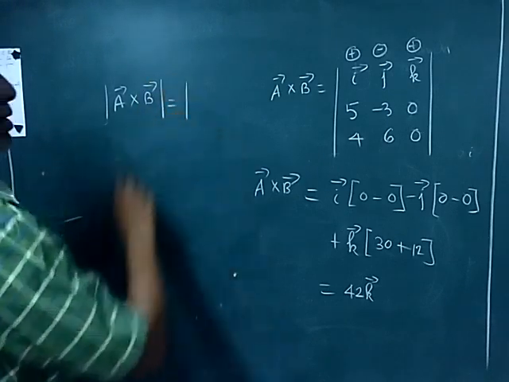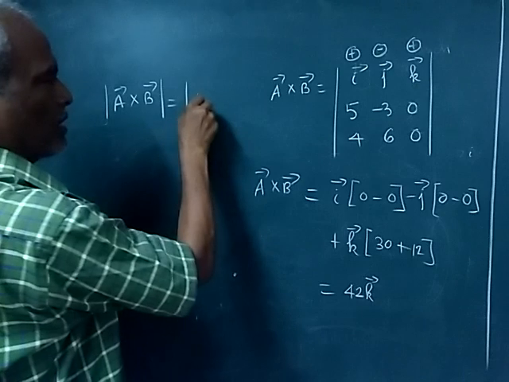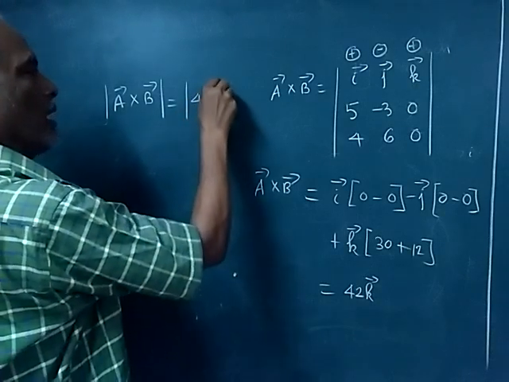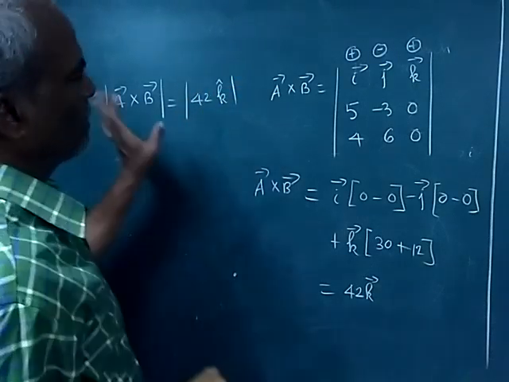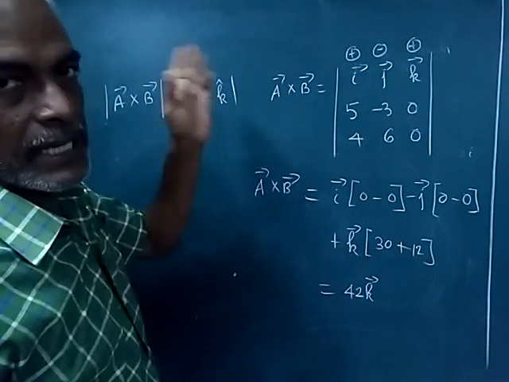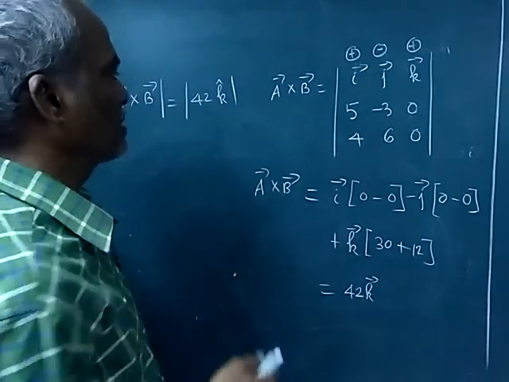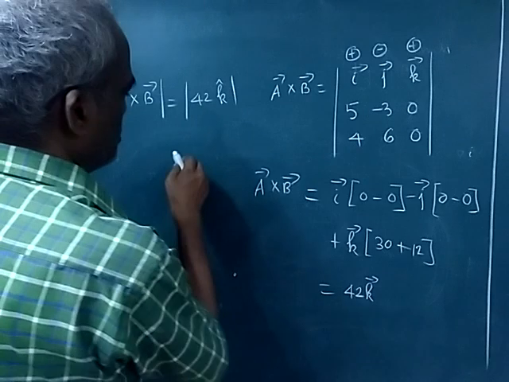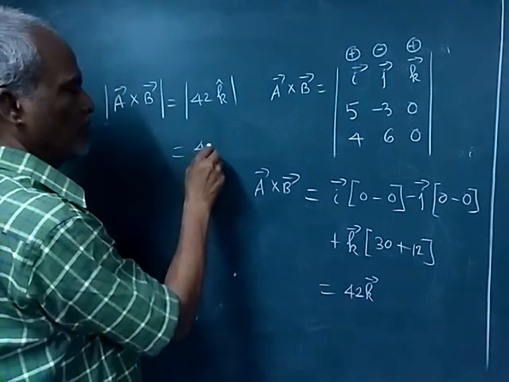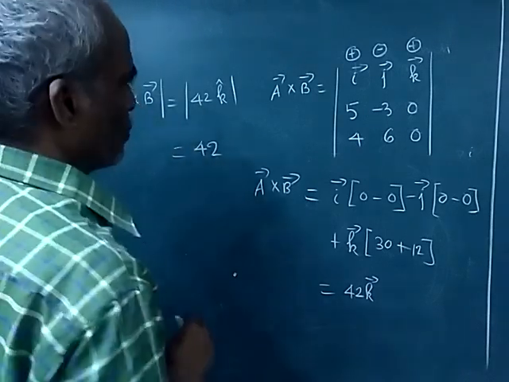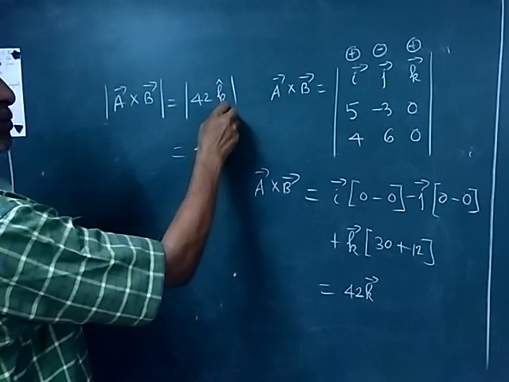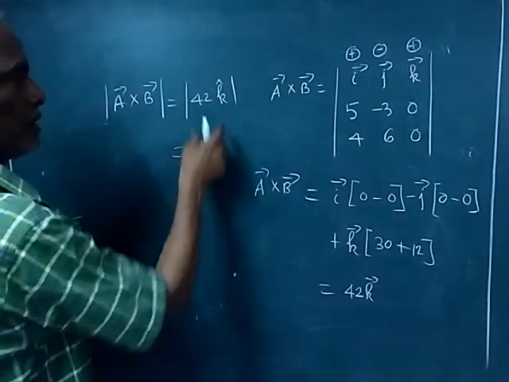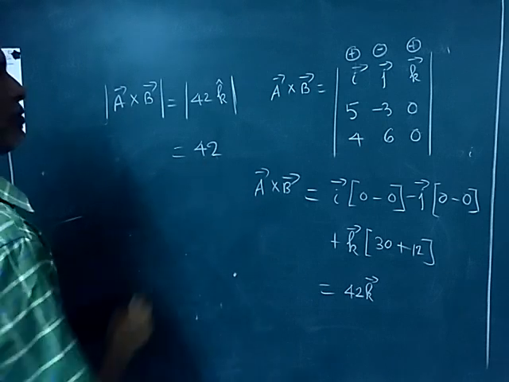So the magnitude of the value 42 k cap, k cap indicates the direction, in the k direction. So this will not come into the picture, therefore the value is 42. We don't want the direction, that's why we are taking the magnitude, so the value is 42.